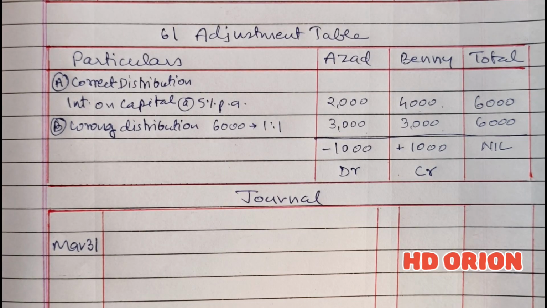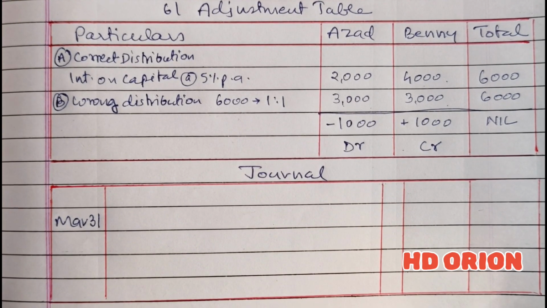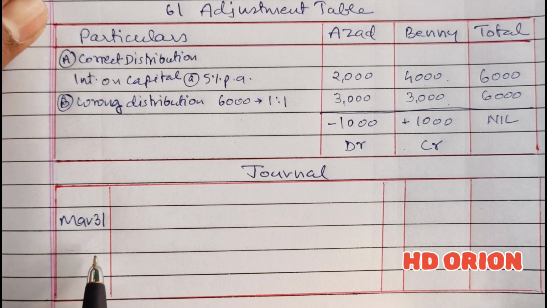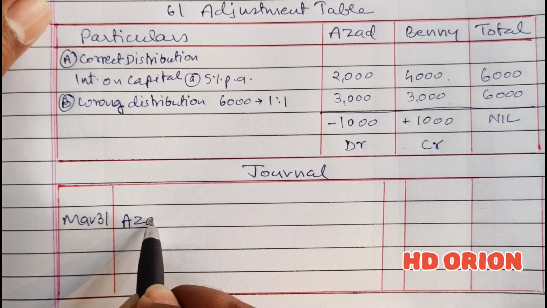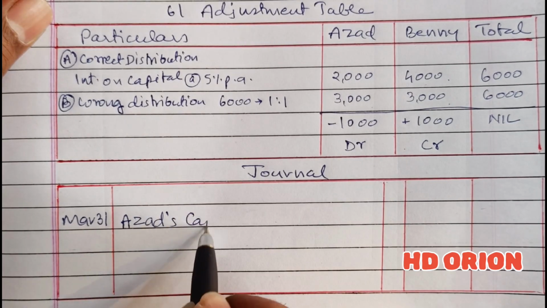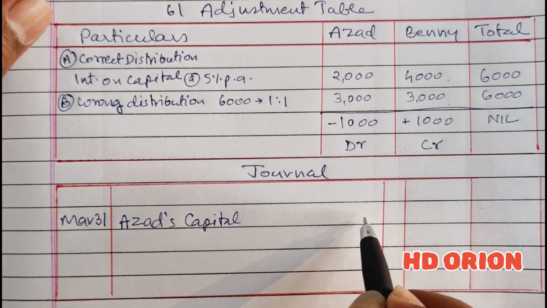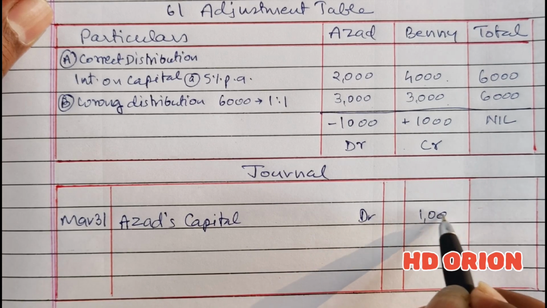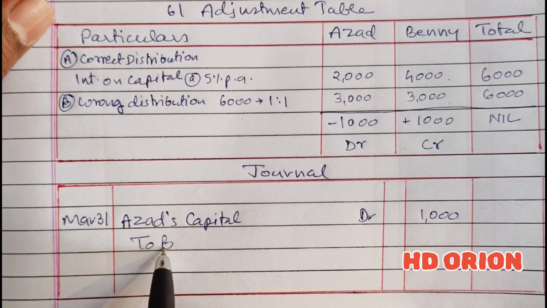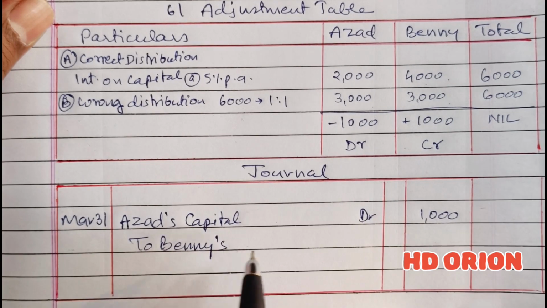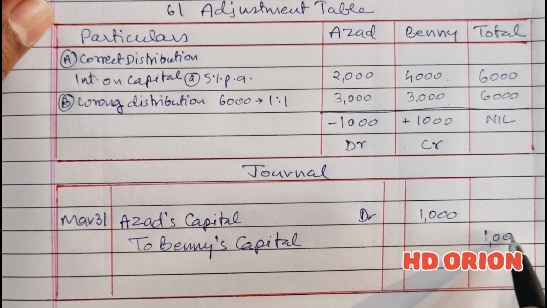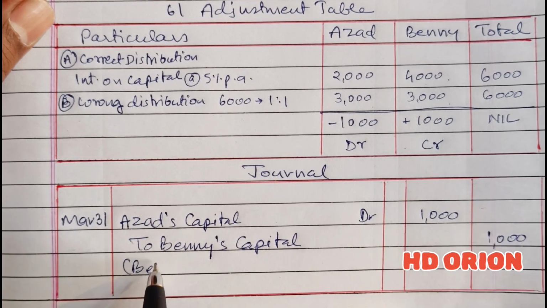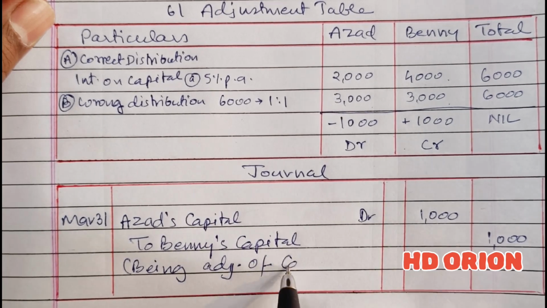That is very simple, and now we will pass the journal entry for this at the end of the financial year. Azad's capital account is debited with rupees 1,000 and to Benny. Being adjustment of capital.